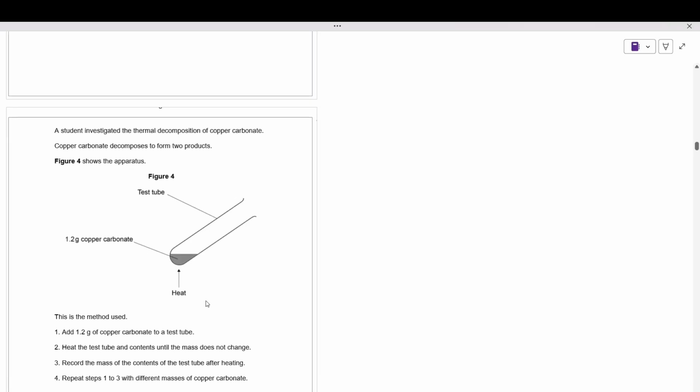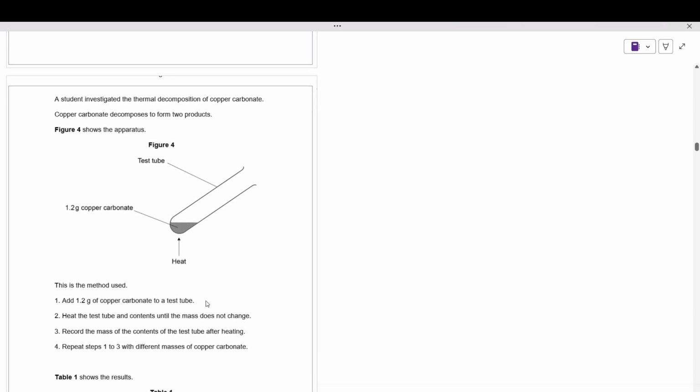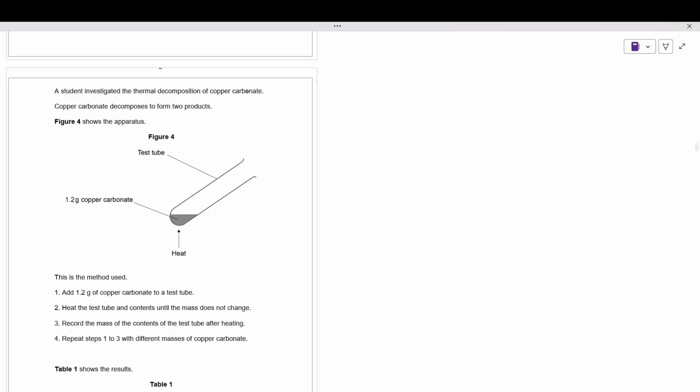Now, a student investigated the thermal decomposition of copper carbonate, and thermal decomposition, remember thermal means heat. So we're just using heat to break down a compound.